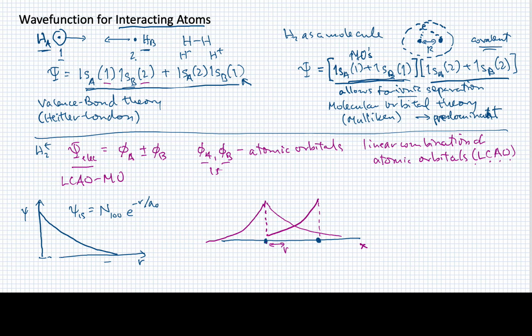I'm going to have exponential decays that come in both directions. And I'm sorry I'm not drawing this very well. So when I add these things together, so for example the plus combination, what will it look like? Well, in this case, over here, this one is very small, so it's really going to be right on top of this curve, and it begins to grow as I get closer to the second one.